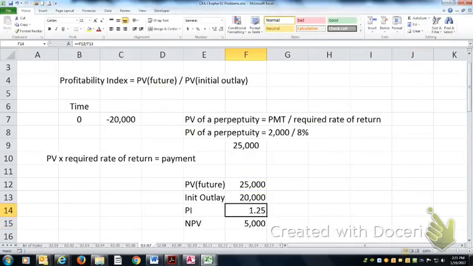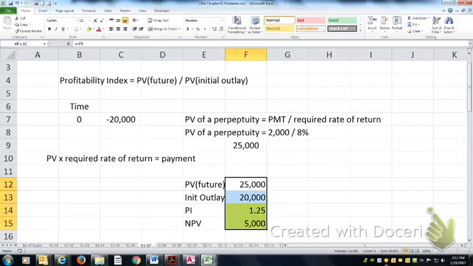Alright, so the profitability index and the NPV are going to always provide you with similar answers. Anytime the profitability index is over 1, it means there's more money coming in than is going out, which means that you'll always have a positive net present value.